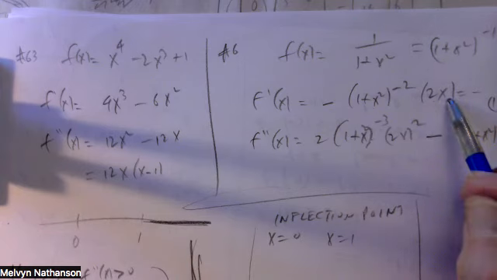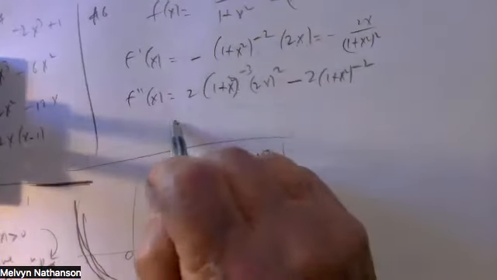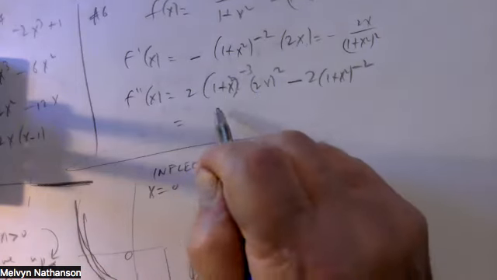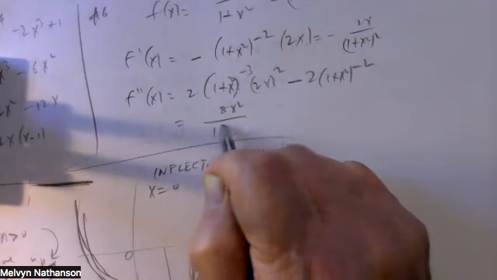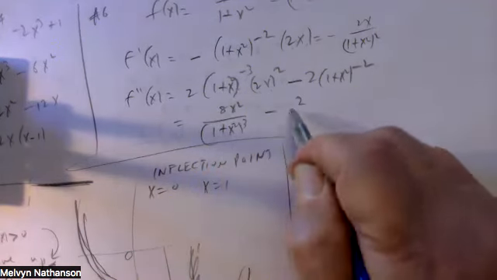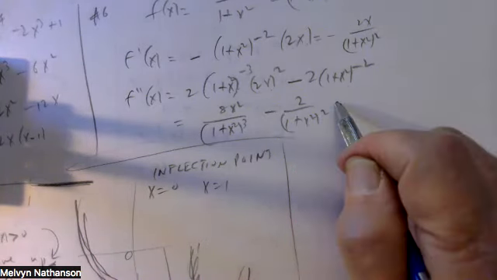Minus 1 plus x squared to the minus 2 times the derivative of 2x, which is 2. So let's see if I can figure out what this is. 2 times 4x squared is 8x squared over 1 plus x squared cubed minus 2 over 1 plus x squared squared.